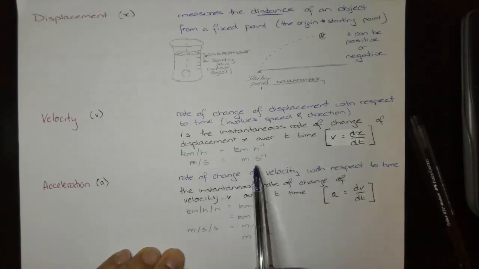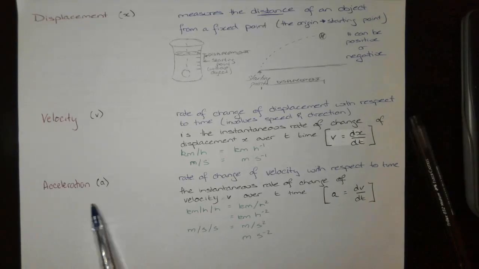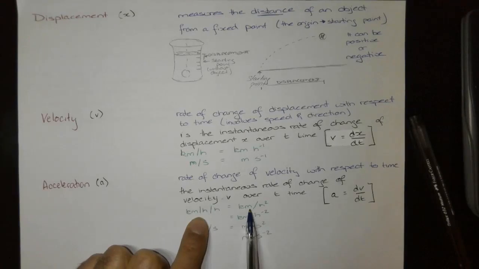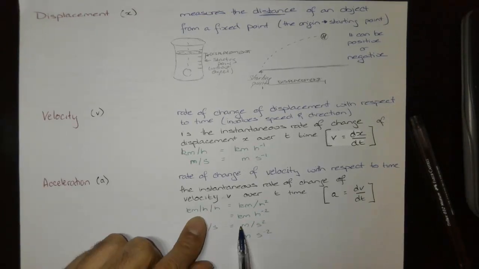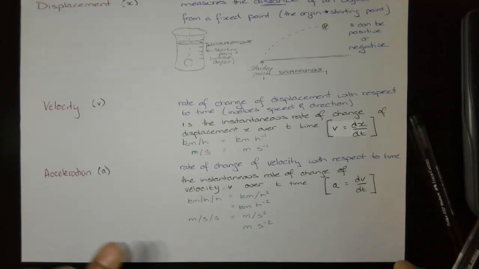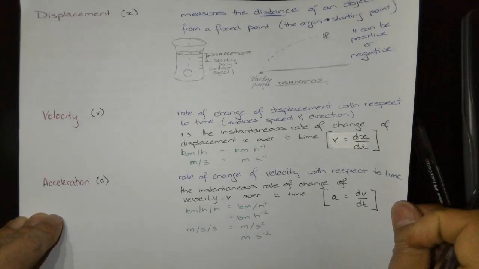So this is meters per second, that's how it reads. And obviously we have acceleration. We have kilometers per hour per hour, which is kilometers per hour squared, and we can write it as km h to the power of -2. So you might see that notation in your books.